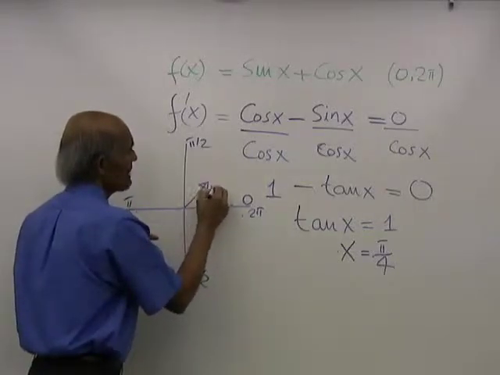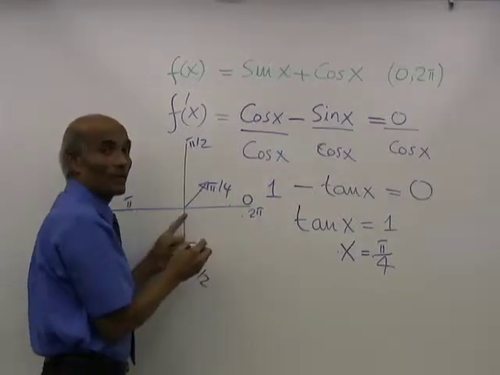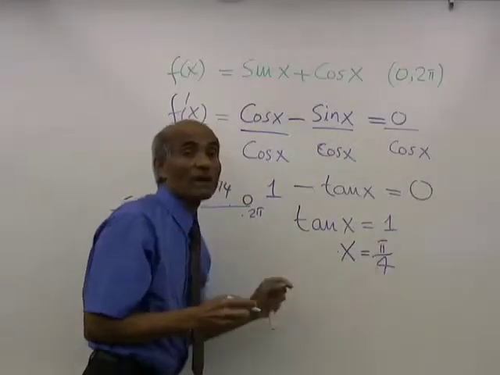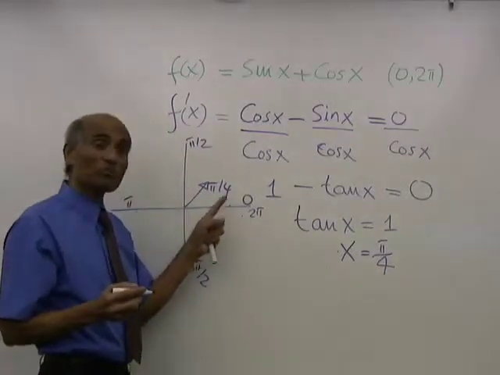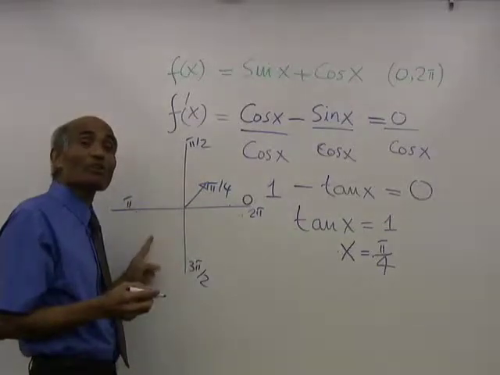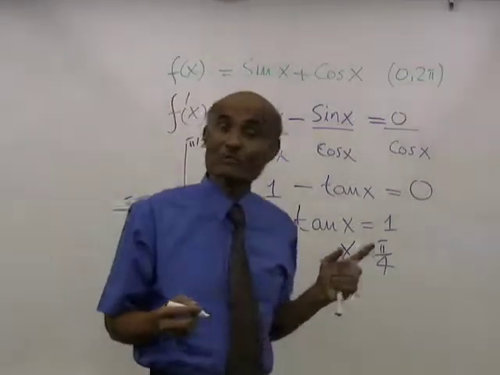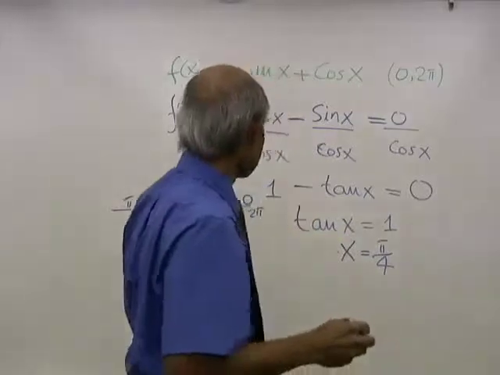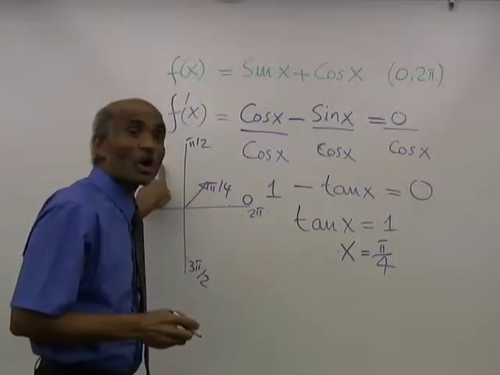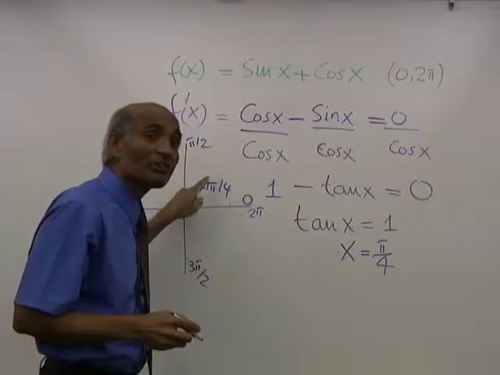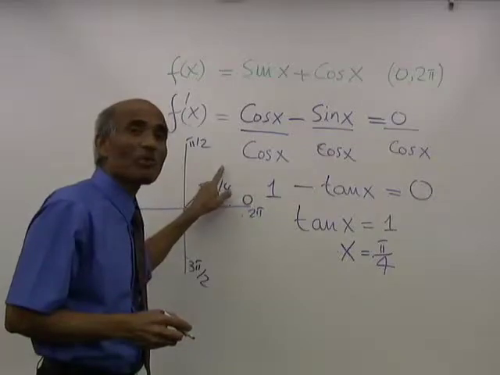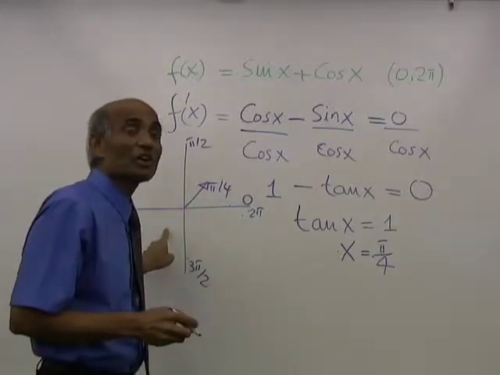This is pi by 4. Well, tangent of pi by 4 is 1. But tangent is positive in the first quadrant and also in the third quadrant. Do you remember that? Well, sine is positive in the first and second quadrant. Cosine is positive in the first and fourth quadrant. I hope you know that. Tangent is positive in the first and third quadrant.